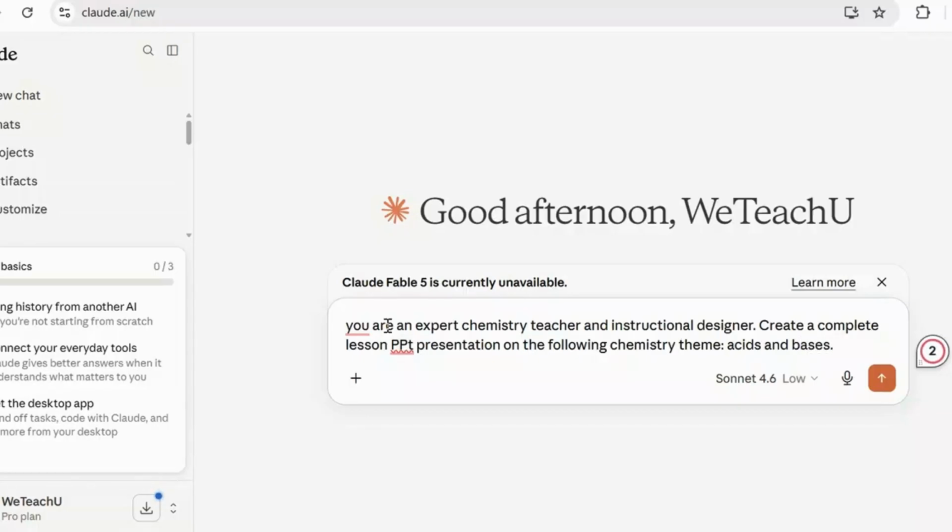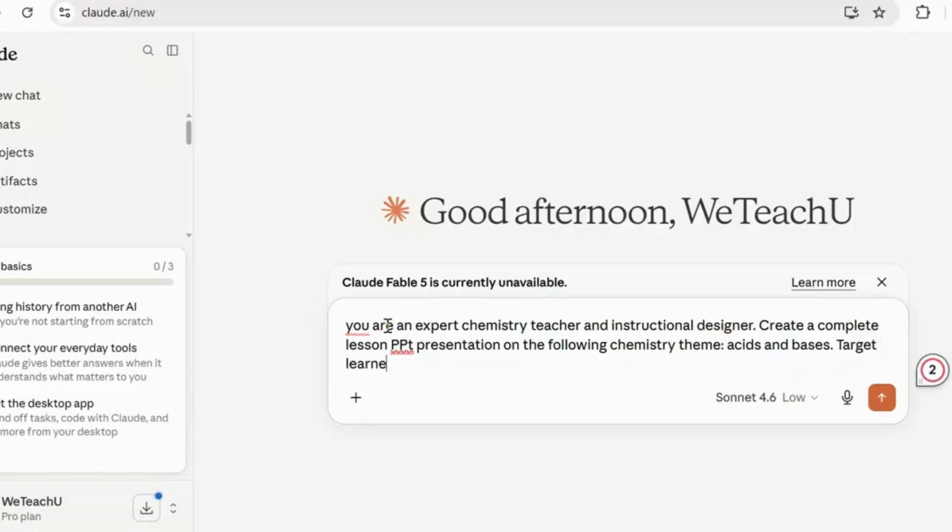I need to specify also the content, the context of the lesson, my target learners. All of these should be very specific, are 8th graders. It's better also to specify the lesson duration, because if it's a 1 hour lesson, the content will be different than a 3 hour lesson.